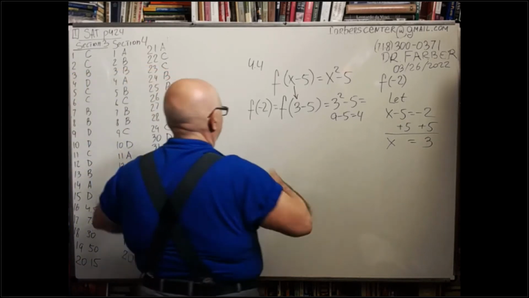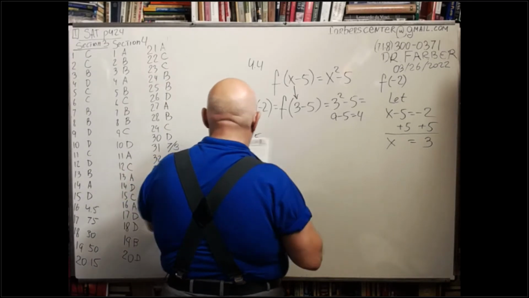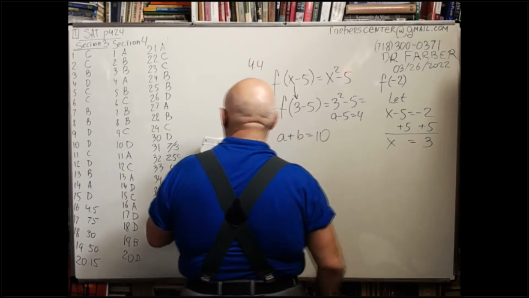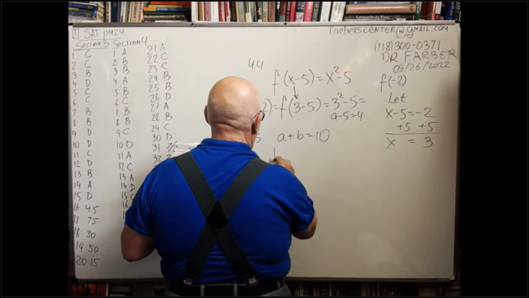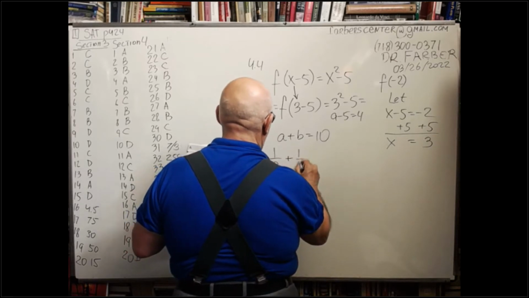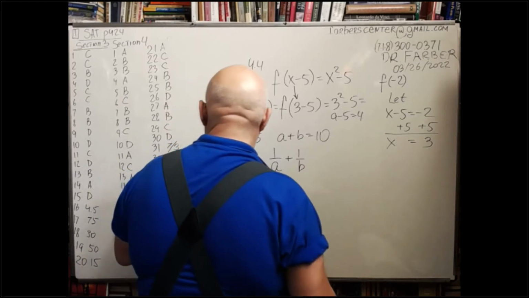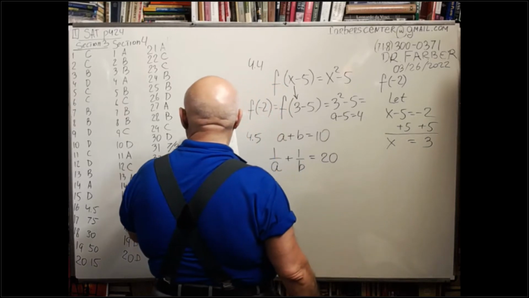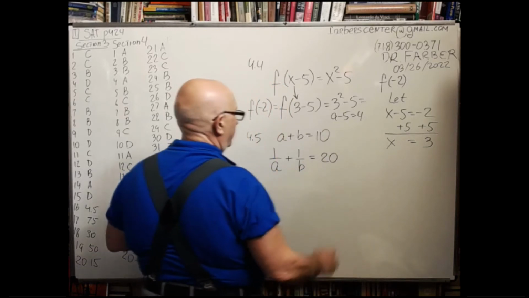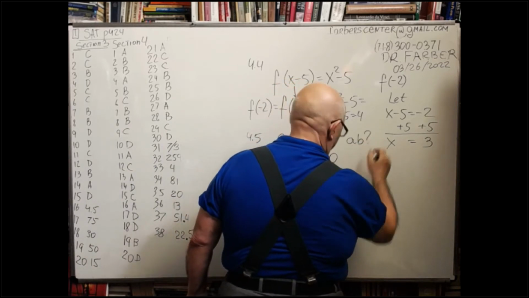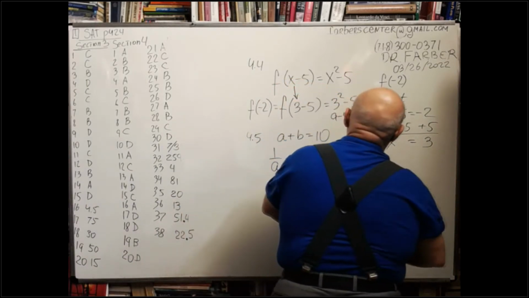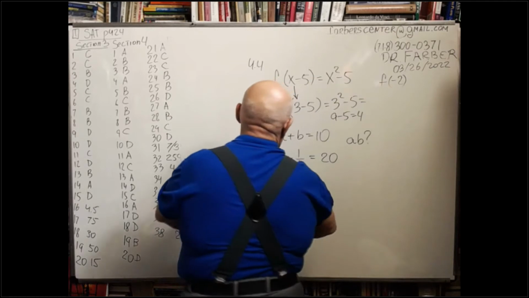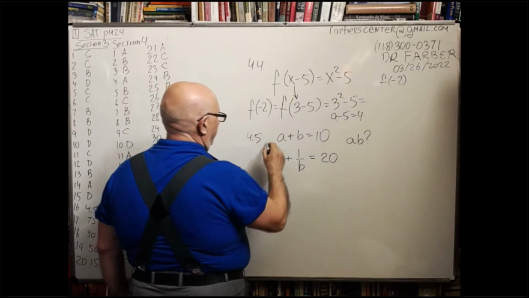Okay. 4.5, also typical. A plus B equals 10, and 1 over A plus 1 over B equals 20. Find what? Find AB. Let me write this stuff, not to confuse. Like fraction addition, LCD is AB.